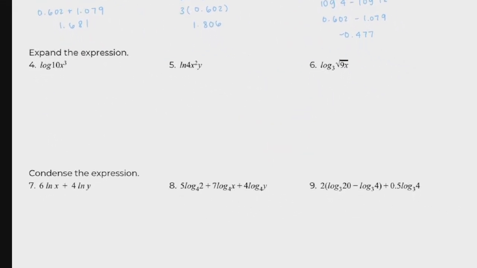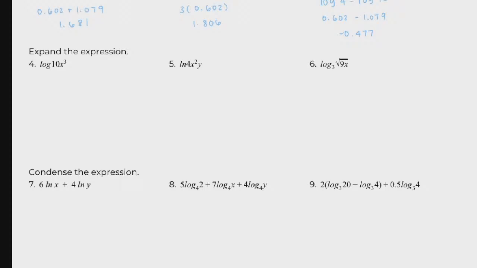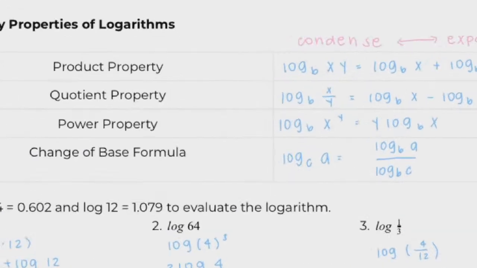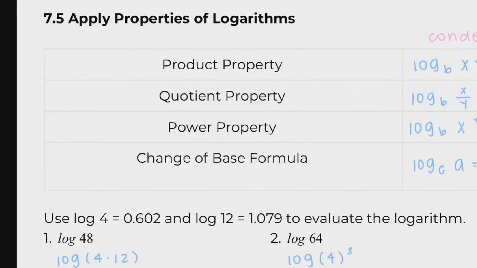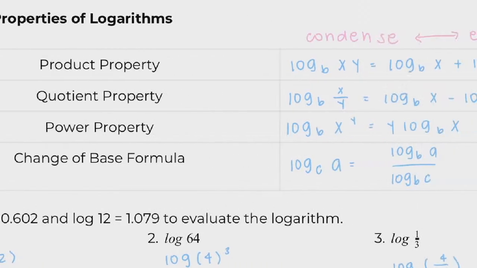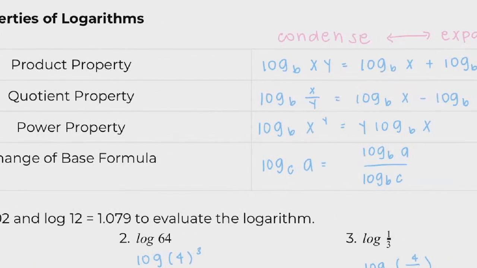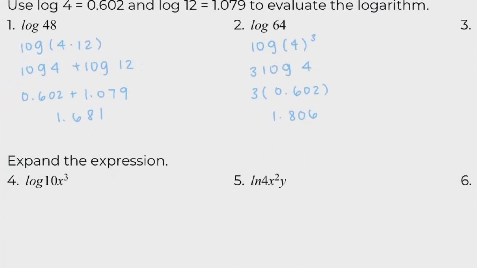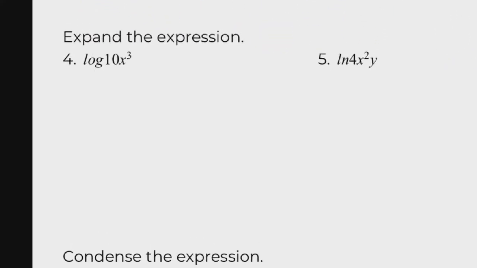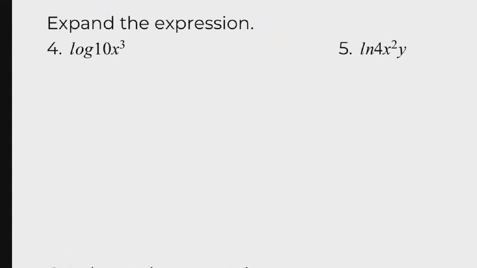Okay, the next 3 problems we want to expand. So that means we originally start with this part, and we want to get it to this. So that means there's multiple logs in our answer. 10x to the third means 10 times x to the third power. So I can break that up to log 10 plus log x to the third.